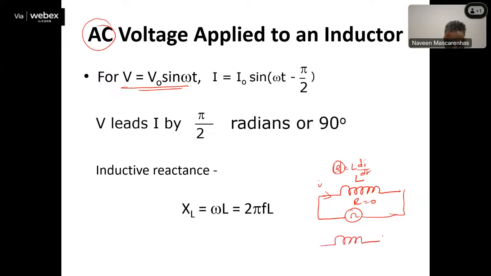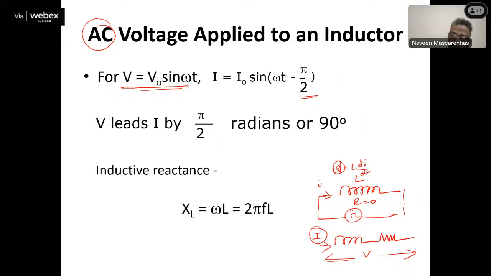Even if it has some resistance, I can show that in series. If I ask you whether the current lags or leads the applied voltage, your answer should be very confident: lags. Whenever there is a coil, and coil alone, along with a resistor in an AC circuit, current has to lag. Current cannot lead.